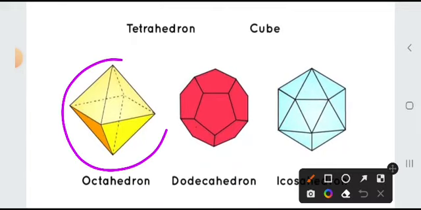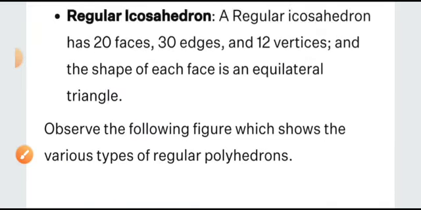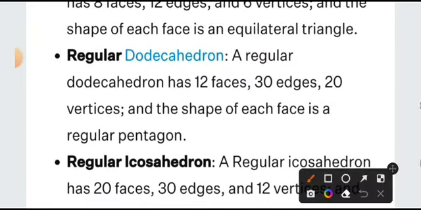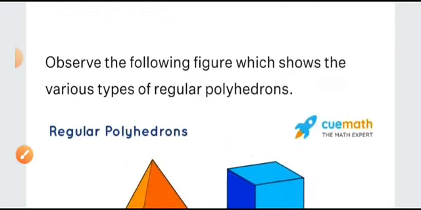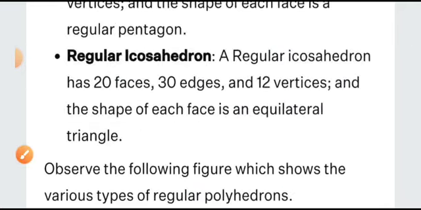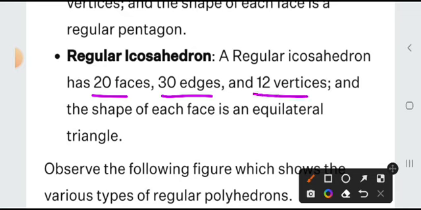Here we have the regular octahedron. Next, the regular dodecahedron. It has 12 faces, 30 edges, and 20 vertices, and each face is a regular pentagon. Here is the regular dodecahedron. And the last one, the regular icosahedron. It has 20 faces, 30 edges, and 12 vertices, and each face is an equilateral triangle.